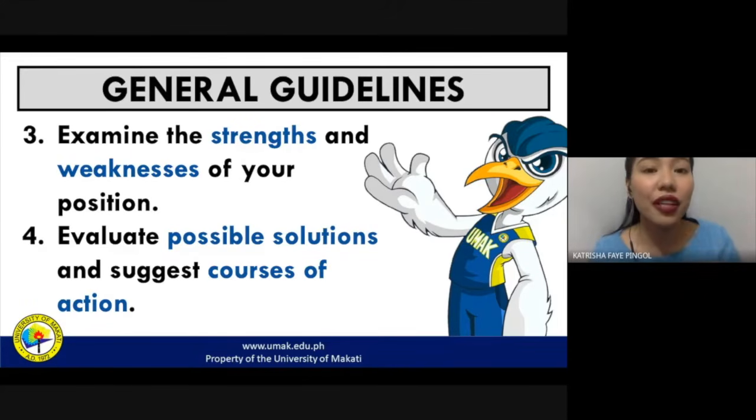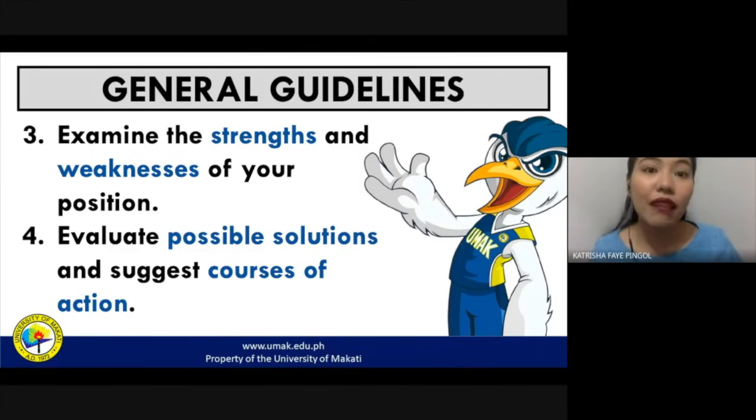Since these are very controversial topics that you are discussing, there are problems that will be arising from them. Okay, so if you were able to identify the problems that may arise from those topics, concerns, or issues, then you also have to suggest possible solutions to those problems.